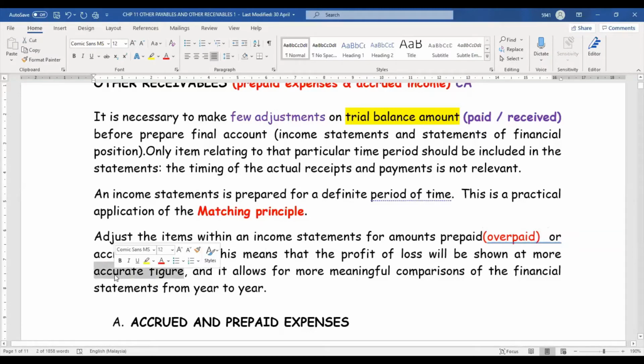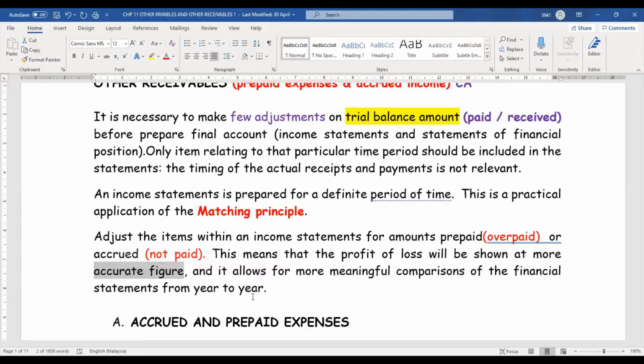So the profit and loss that we get, if we just take how much you received minus how much you paid, is it for the particular year? No. Why not? Because for the income that we receive, we haven't checked for the prepaid and accrued. Sometimes we receive in advance or we haven't received.